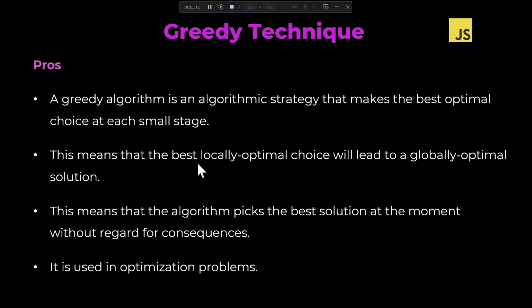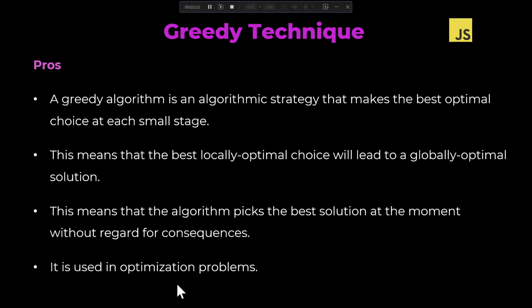This means the best locally optimal choice will lead to a globally optimal solution. So the algorithm picks the best solution at the moment without regard for the consequences. Whatever happens in the future, we don't care. We will choose the one that is best for us right now. That is the greedy approach.